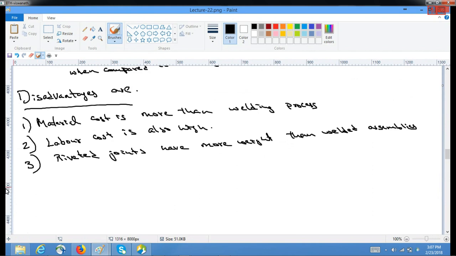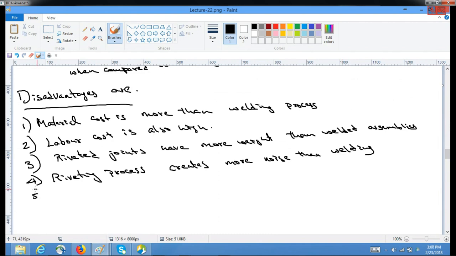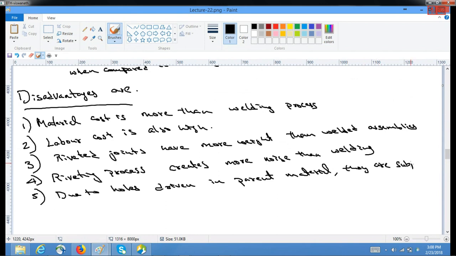Further, riveting process creates more noise than welding, and due to holes driven in parent material, they are subjected to stress concentration.